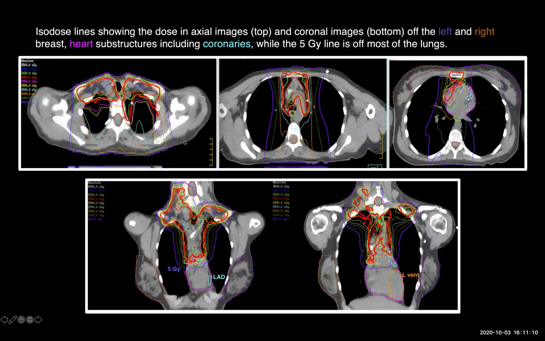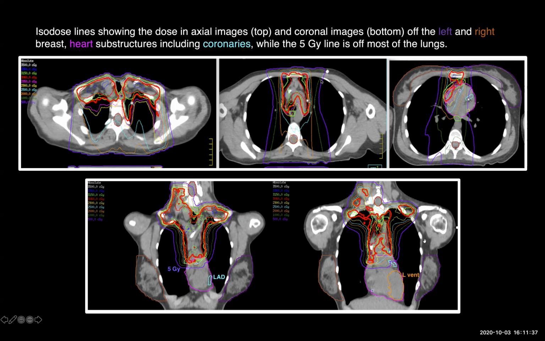This is a display of the isodose lines showing you the combined benefit of the butterfly technique, the inclined board, and the deep inspiration breath hold. When we first looked at the PET scan, you probably felt that many of the planning benefits were not achievable.